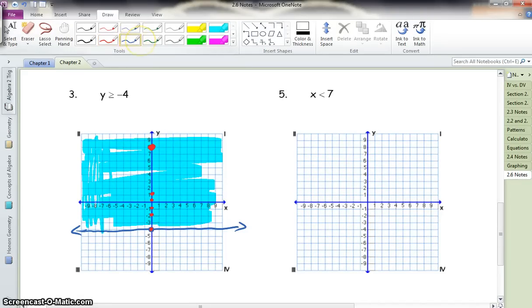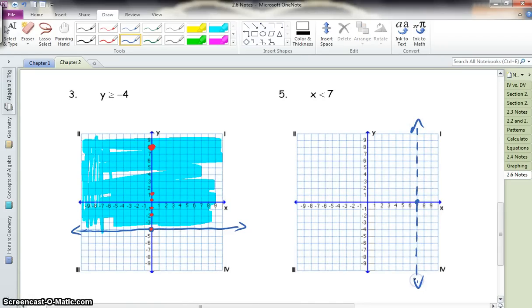Then we have number 5 here. x is less than 7. So we know x equals a number is a vertical line. And we're less than, oh, where's my mistake? That line is not equal to. Therefore, it is a dotted or dashed line.